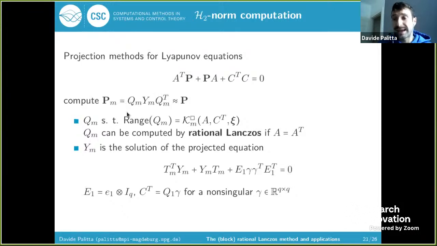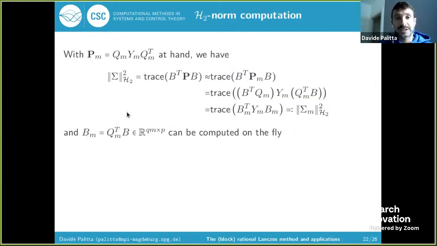So it seems that if we need the whole approximation PM here, we need again the whole basis, and this is something that we don't want to do. But fortunately, we just want to compute an approximation of the H2 norm, so that's our goal. We don't want an approximation of the solution of the Lyapunov equation. The main goal in this case is to compute an approximation of the H2 norm. So this is how we would compute the H2 norm of the original system.